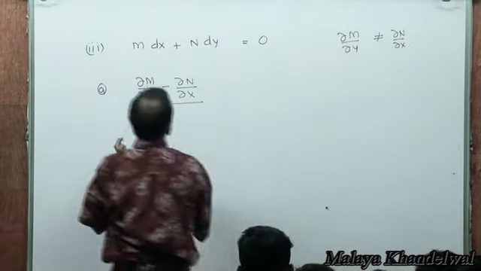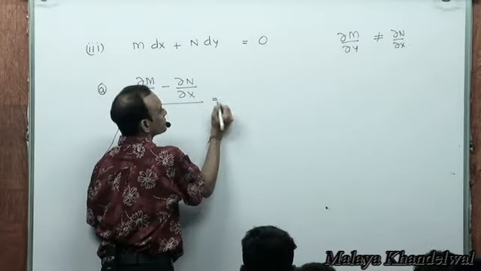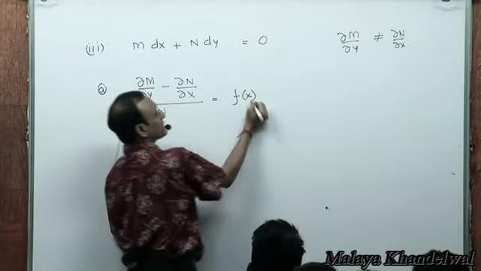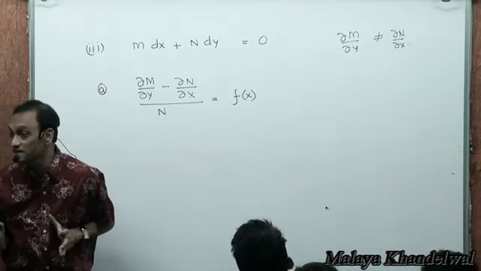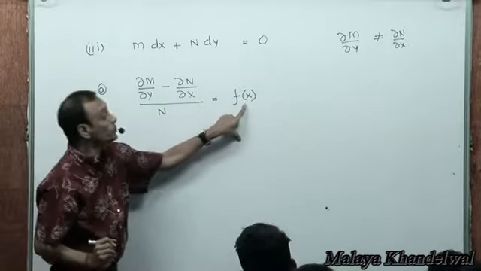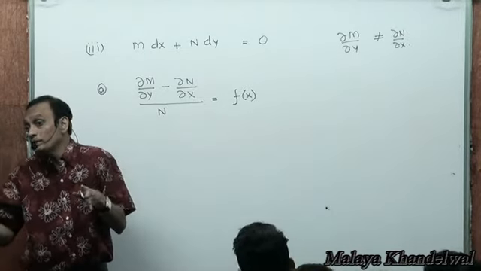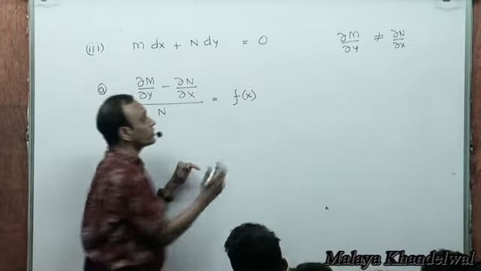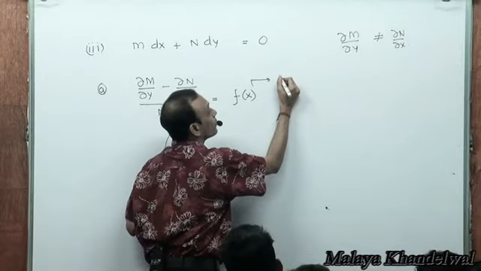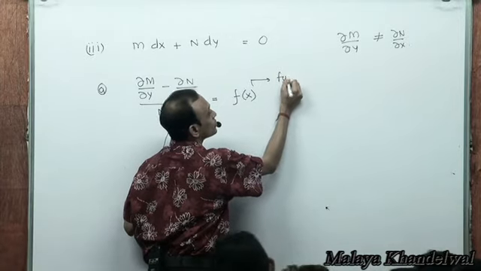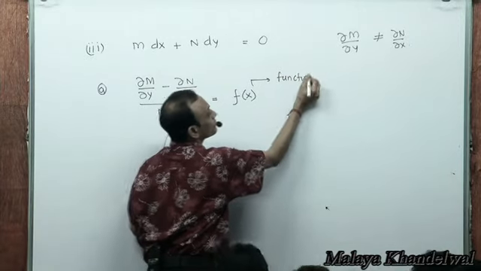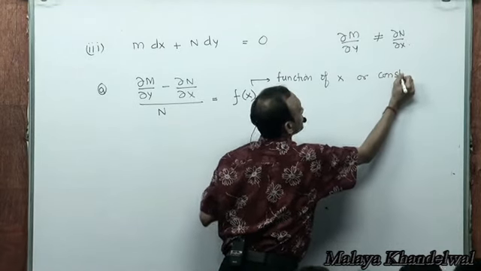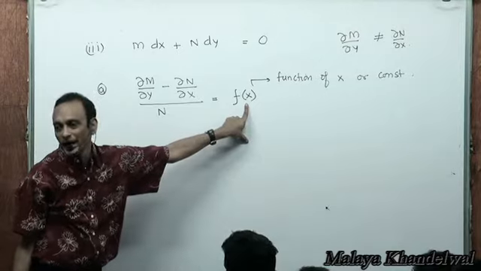And if you find that this ratio is not dependent on y, it could be f(x), a function of x, or it could also be a constant. The important thing is, it should be independent of y.